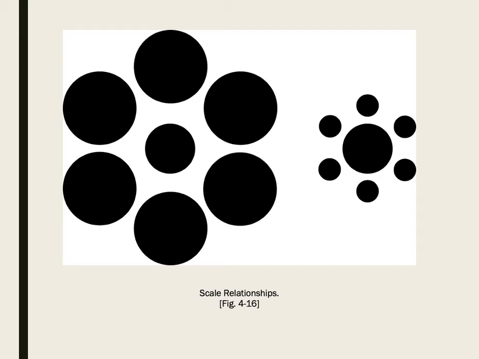We compare it with the original size of the object. For example, if I'm making an elephant at 14 inches by 10 inches, then it's a small scale because it's really smaller than the real one.